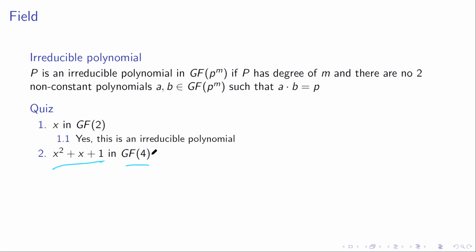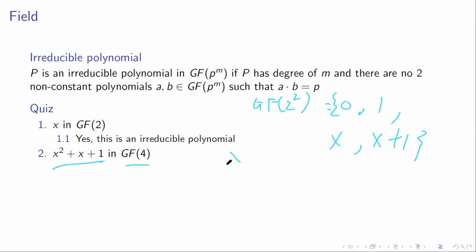And what about this? Is this an irreducible polynomial? Let's analyze what the elements are in this field. So GF4, 2 to the power of 2. We have 0, we have 1, and we also have x, and we have x plus 1, because this is the power of 2, and the highest degree is this minus 1. So can we construct something so that when these 2 multiply together, we get this?